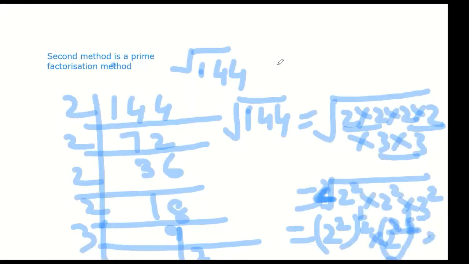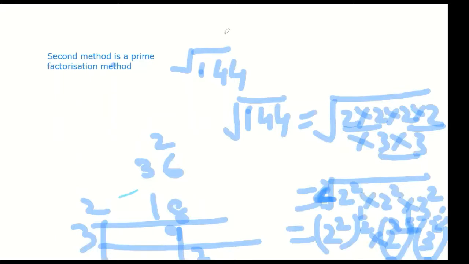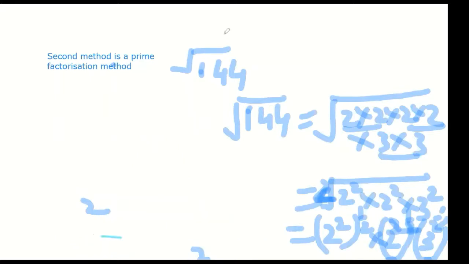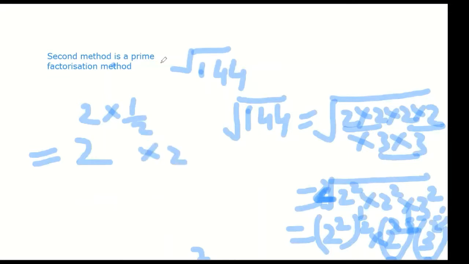And the same, I write 3 raised to power 2, raised to power 1 by 2. I find it like this: 2 into 2 into 1 by 2, then 2 into 1 by 2, then 3 raised to power 2 into 1 by 2.